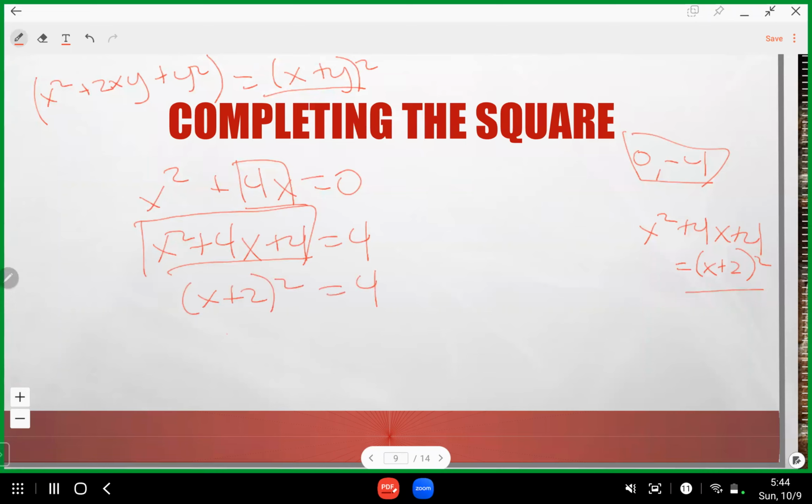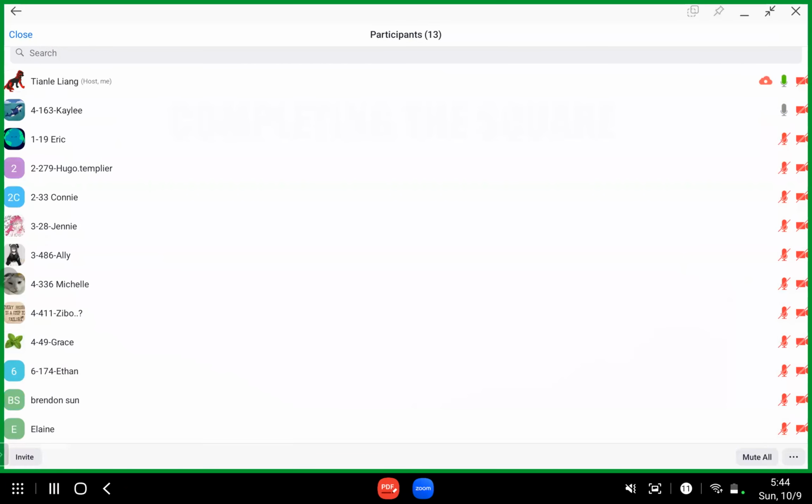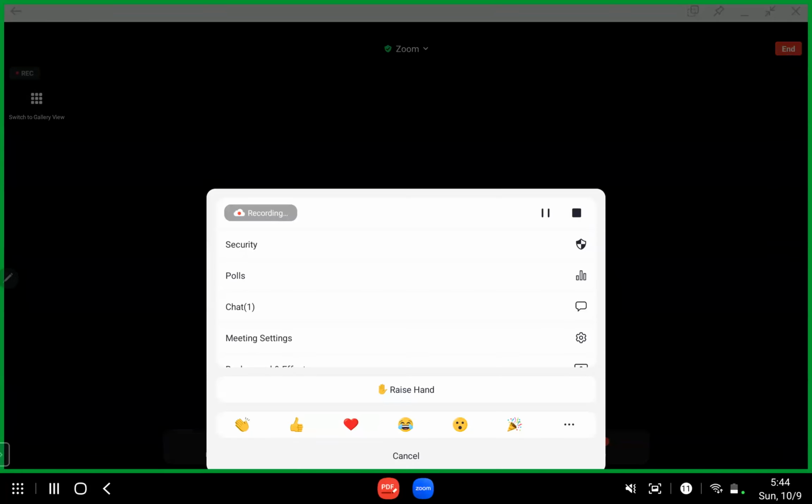Then use the square root, so x plus 2 is equal to plus or minus 2. Then x is equal to -2 plus or minus 2, which is -4 and 0. Then you compare, it's the same. Does everybody understand how we get this by completing the square? Are there any questions?